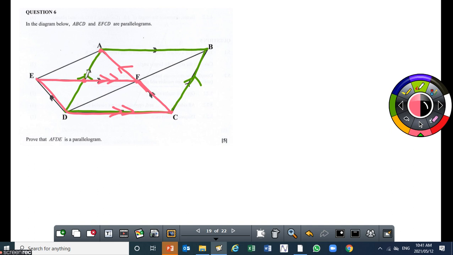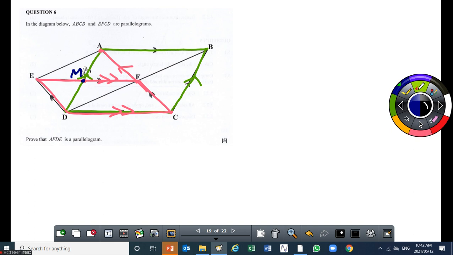Let me call it point M, where line AD, I can't say diagonal at the moment because I haven't proved that it's a parallelogram. So line AD and line EF intersect at this point. So I can call that point, say, M. You can give it whatever name you want.